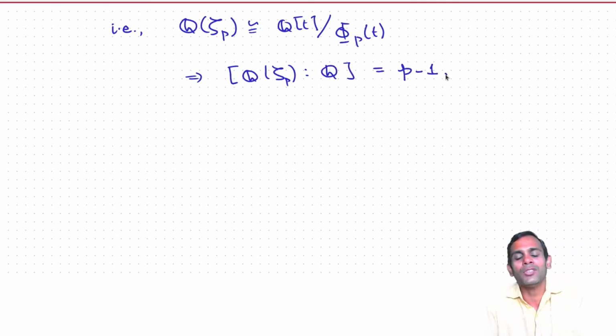So the primitive pth root of unity generates a field extension of degree p minus 1 over Q.